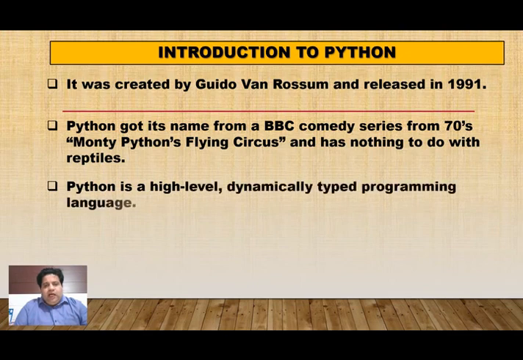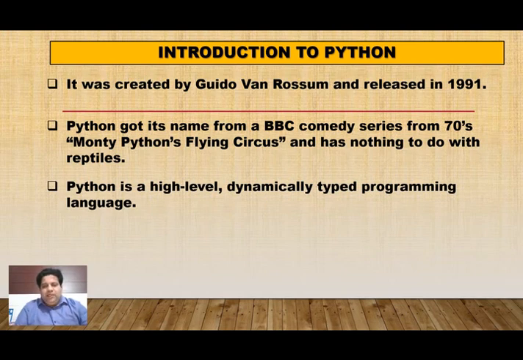It is a high level language. You must have studied in class 8, 9, 10 that computer language has been divided into two categories, low level language and high level language. So high level languages are COBOL, Pascal, Python, C, C++, Java, and it is a dynamically typed programming language. This we will discuss later on.